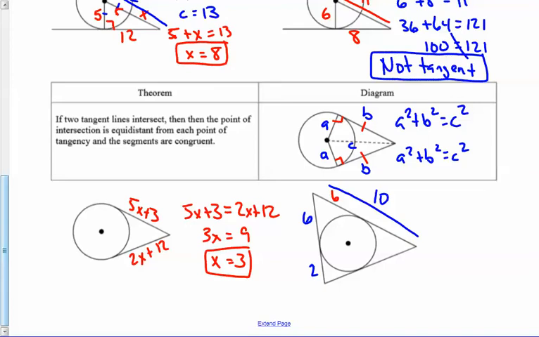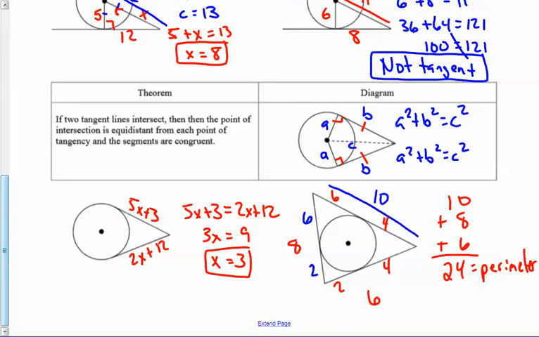If the whole thing is 10, then this piece has to be 4, which makes this piece 4, and which makes this piece 2. So that gives me this side here has to be 8, this side has to be 6. So 10 plus 8 plus 6 gives me a perimeter of 24. So you'll have problems like that.